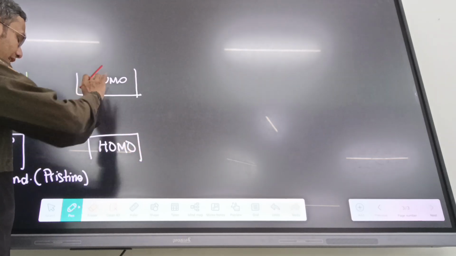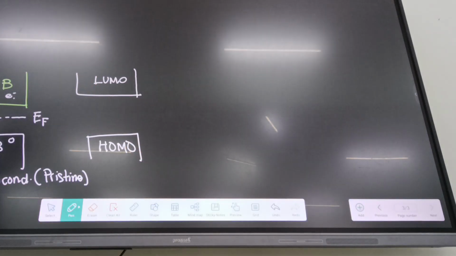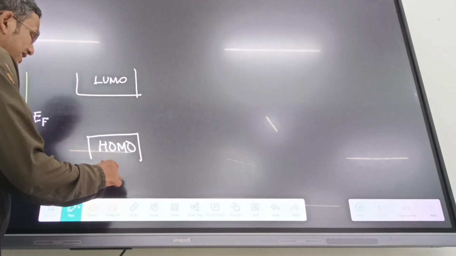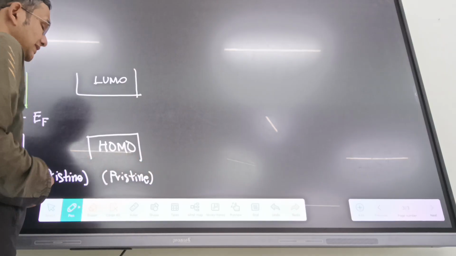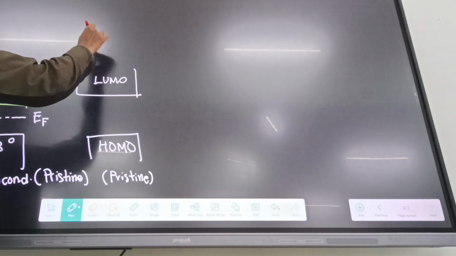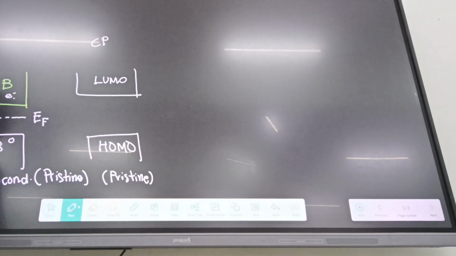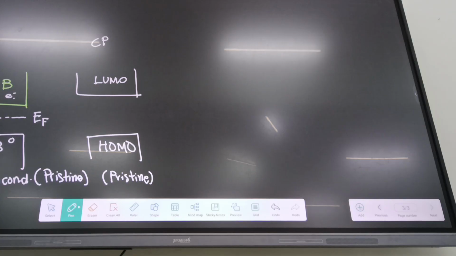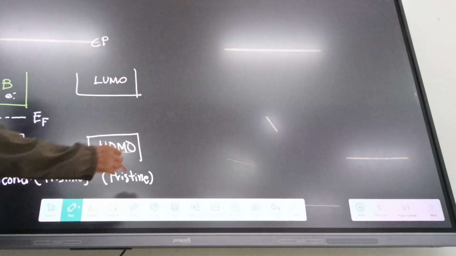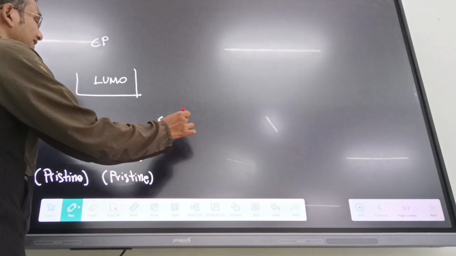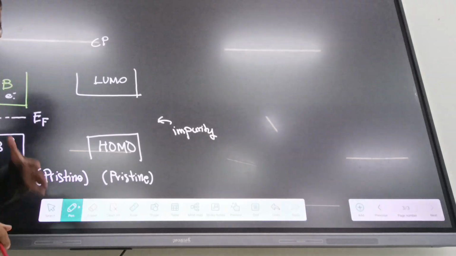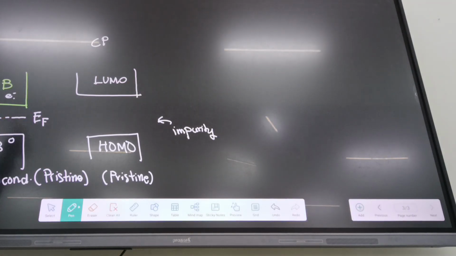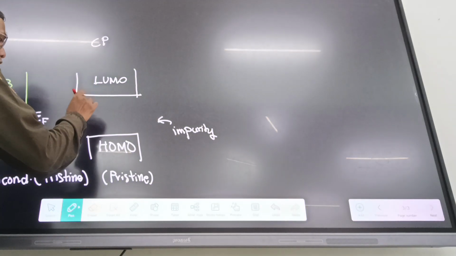There is also a gap between them. Okay, this is the undoped, pristine state. Now when I grow it with some impurity, instead of forming an electron and a hole, what forms here is what we call a polaron.